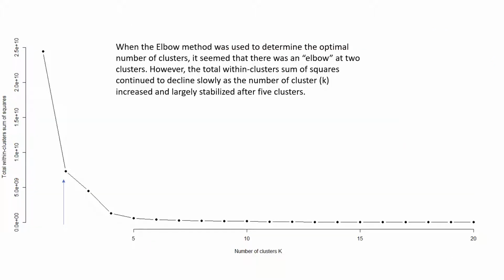Let's go back to this diagram again. This is the one where we used the elbow method to determine the optimal number of clusters. When the elbow method was used, we saw an elbow at 2 clusters. However, we also see that the total within clusters sum of squares continues to decline slowly as the number of clusters increases and is stabilized after 5 clusters or so.